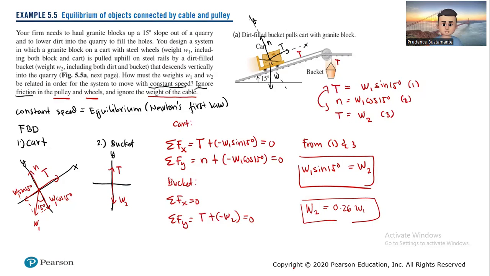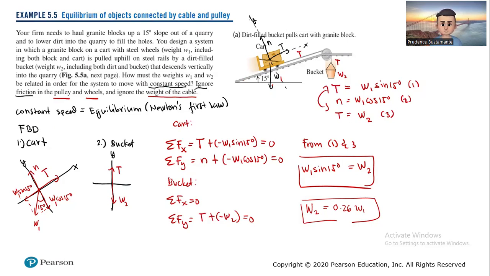So in order for the system to move with constant velocity, how much will you put on weight 1 or on weight 2 so that this system will move at constant velocity? Since constant speed means equilibrium, this is an equilibrium problem, a problem of Newton's first law of motion.